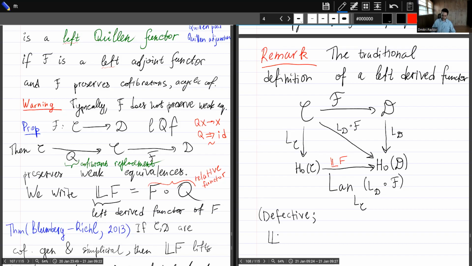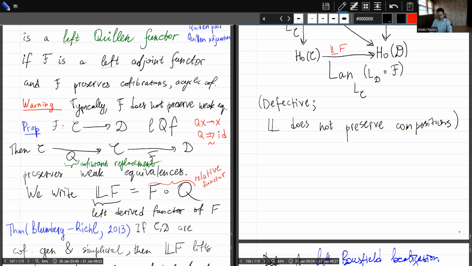For example, L does not preserve compositions. This is just one of many problems. So the traditional definition is defective.